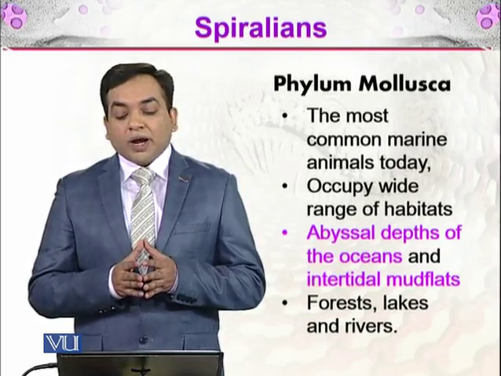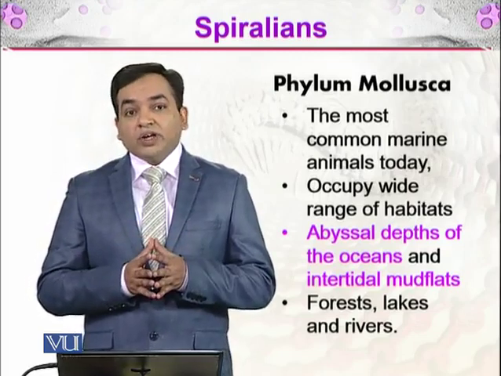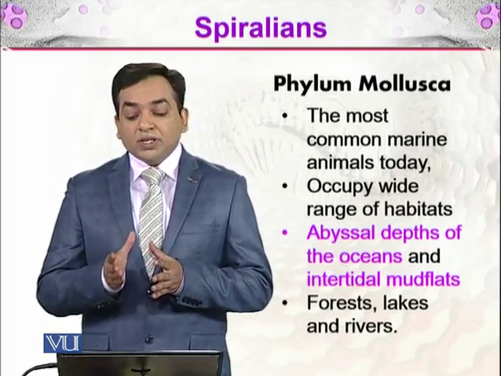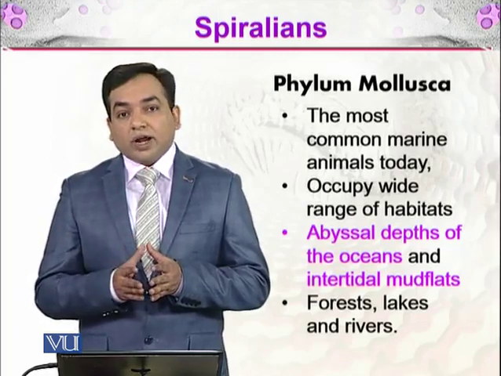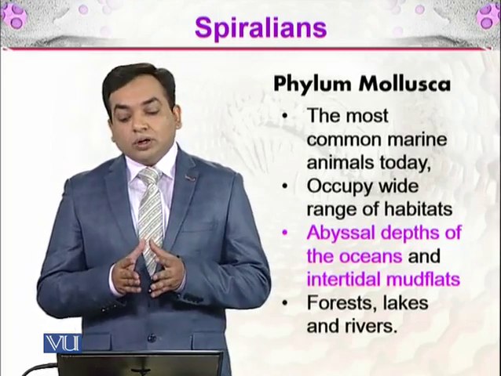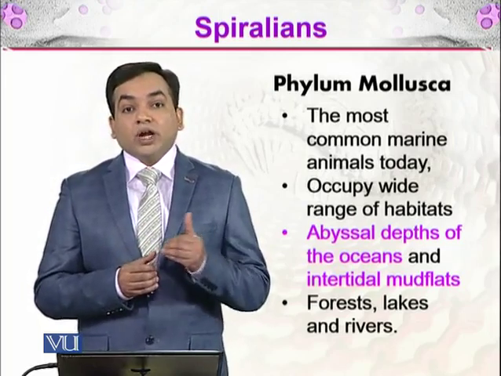And these are occupying a wide range of habitats. What are those wide ranges of habitat? Abyssal depths of the ocean and intertidal mudflats. The abyssal depths of the ocean are the areas which are very, very deep.